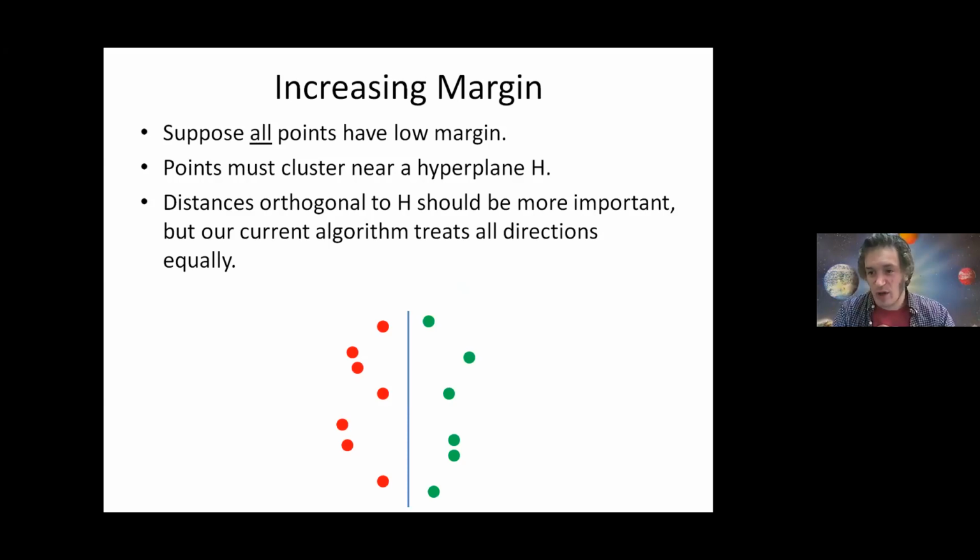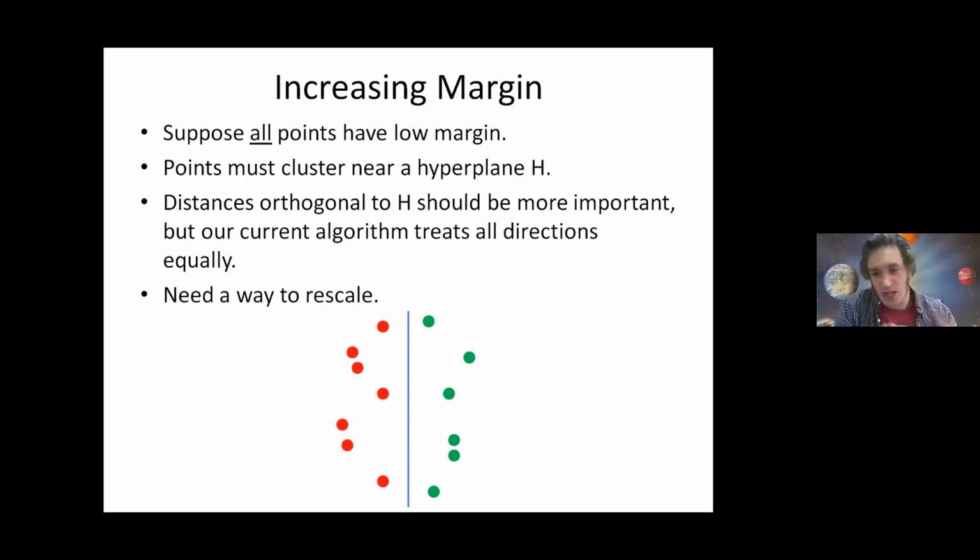And so somehow we need a metric that better expresses the way that we need to learn things. Maybe another way of saying this is that we have all of these points clustered super close to the hyperplane, and somehow that's distorting the way that we're looking at things. And so what we want is a way to rescale it.